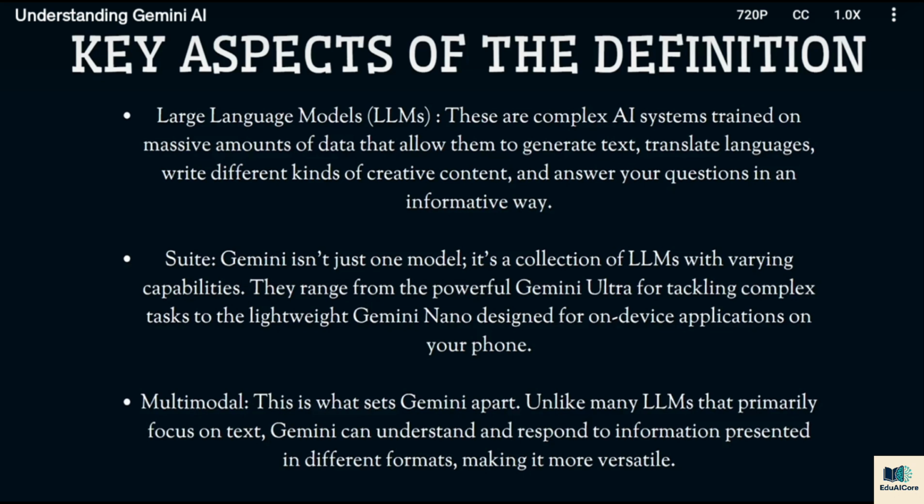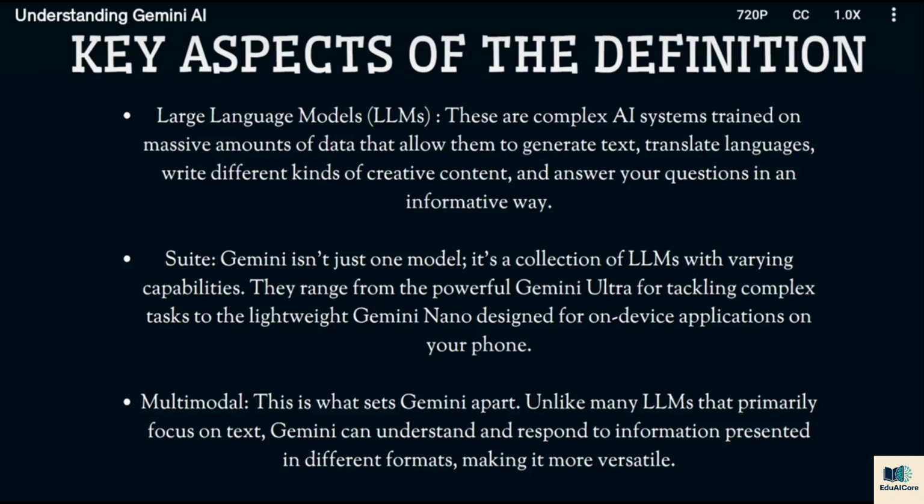With LLMs that primarily focus on text, if you give any kind of text input, it will give you a text outcome. But Gemini can understand and respond to information presented in different formats, making it more versatile.